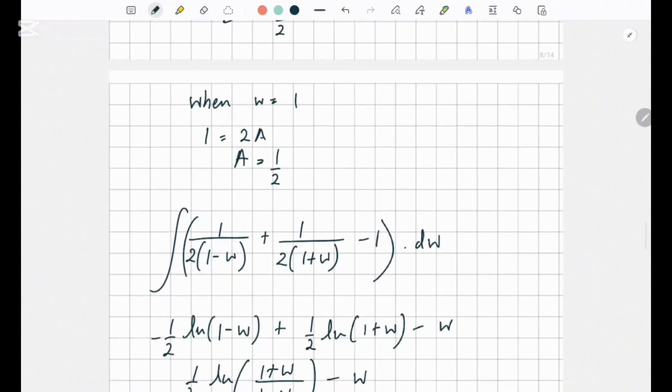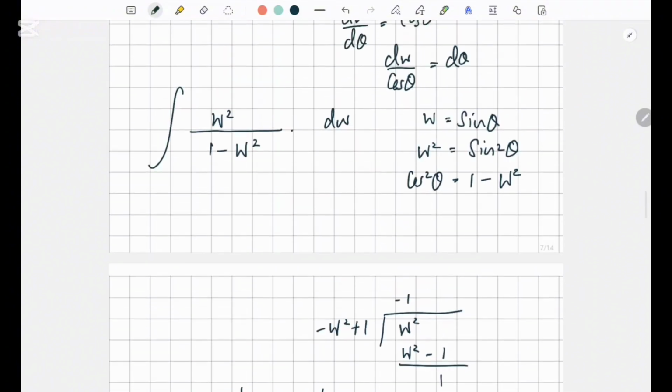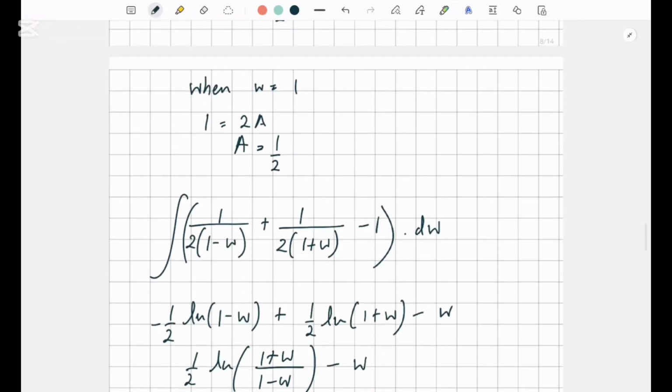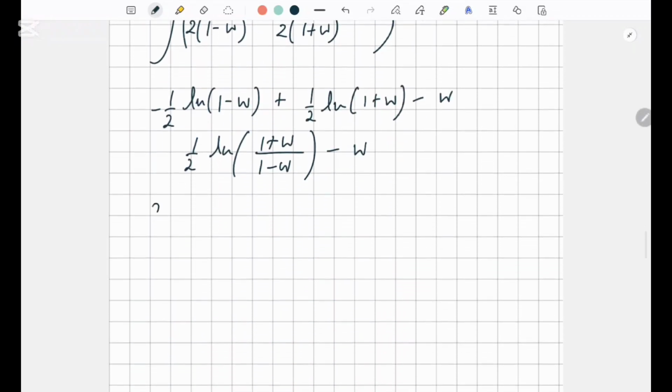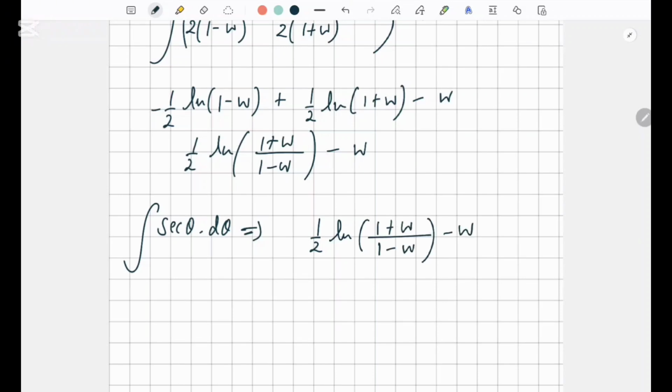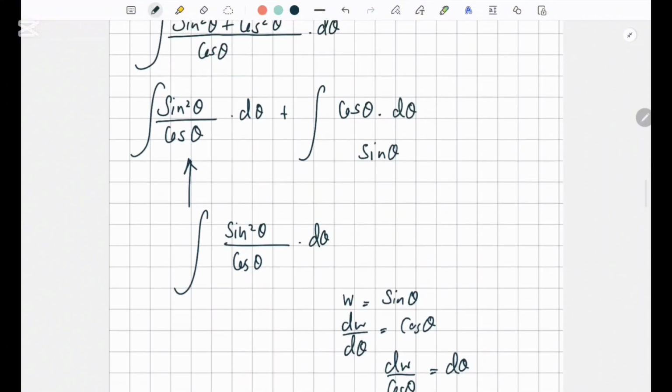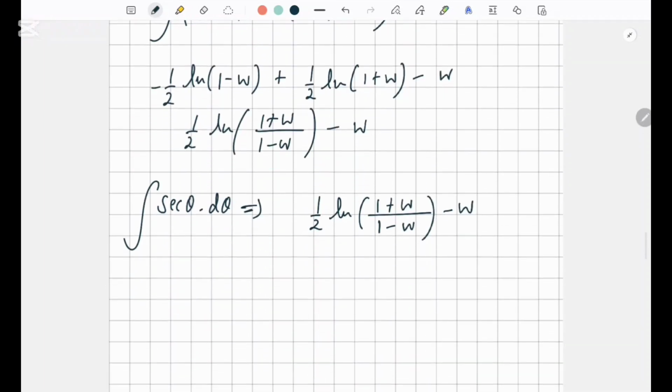Minus w. Now what was w? w equals sine theta. So then the integral of sec theta dθ is half ln (1 plus w over 1 minus w) minus w, and don't forget we had this guy over here, sine theta, so you write plus sine theta.